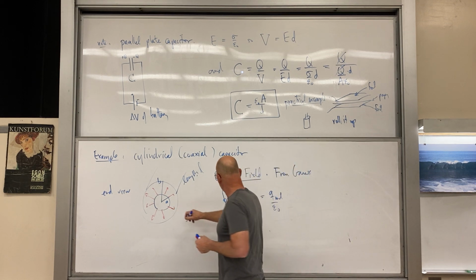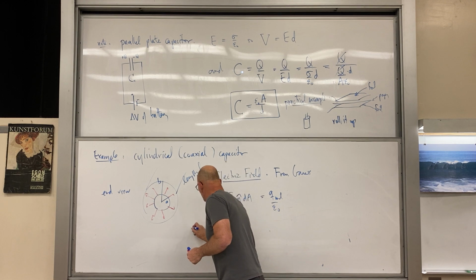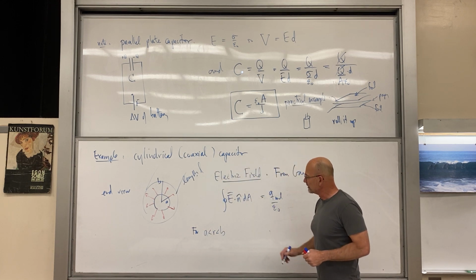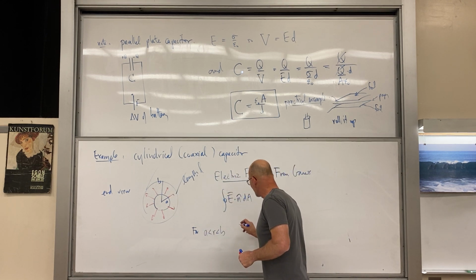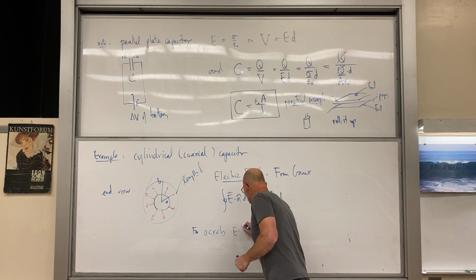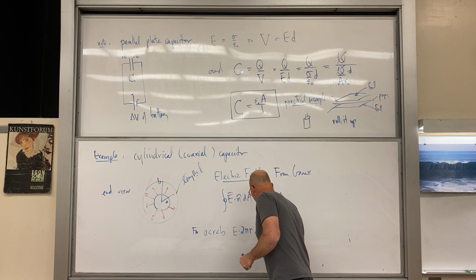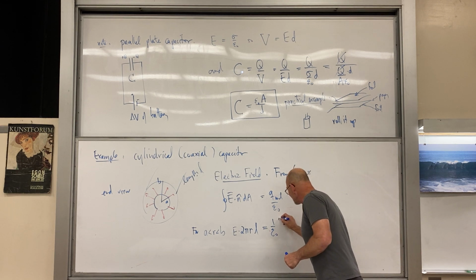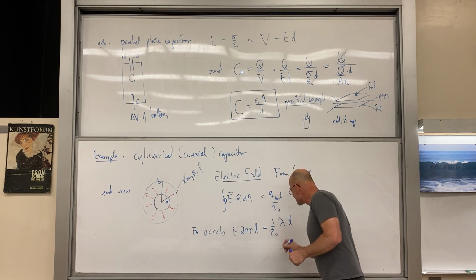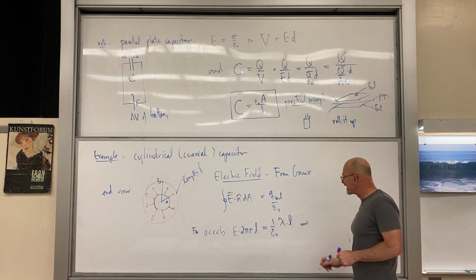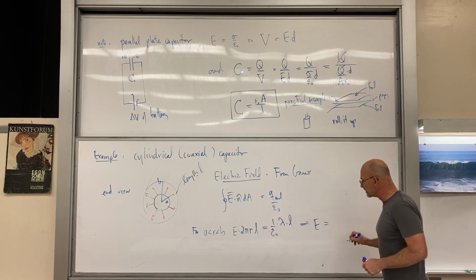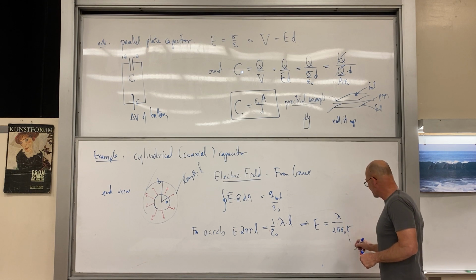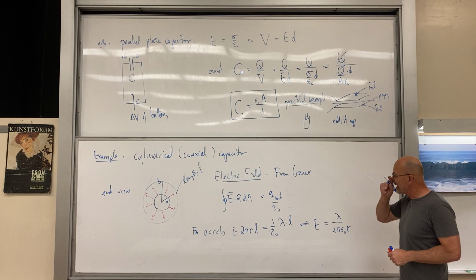For A less than R less than B, we'll have a Gaussian surface in here, and we'll just have E times 2 pi R L, and the enclosed charge will be a linear charge density lambda times L. So the L's cancel on this one, and E was equal to lambda over 2 pi epsilon naught R. I think we had that expression before, but there we have it again.